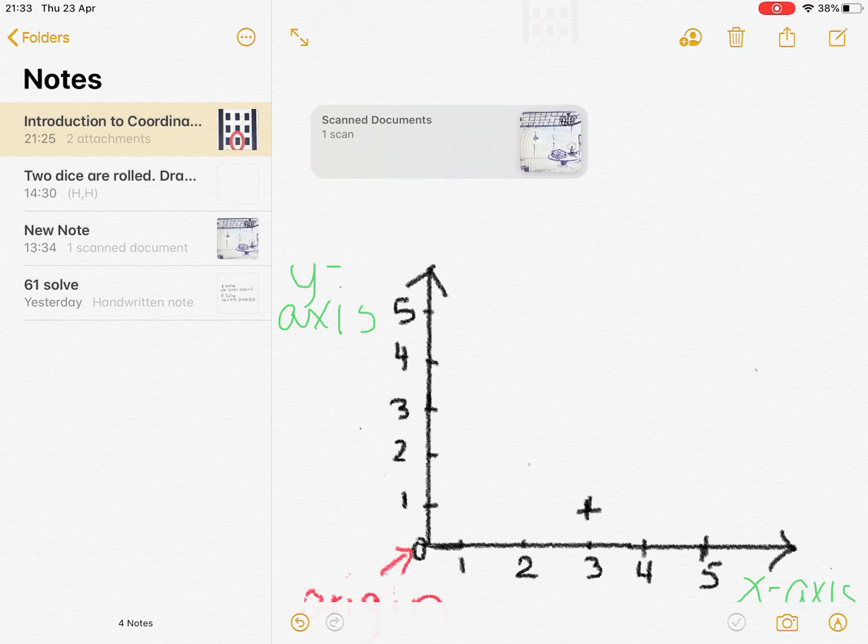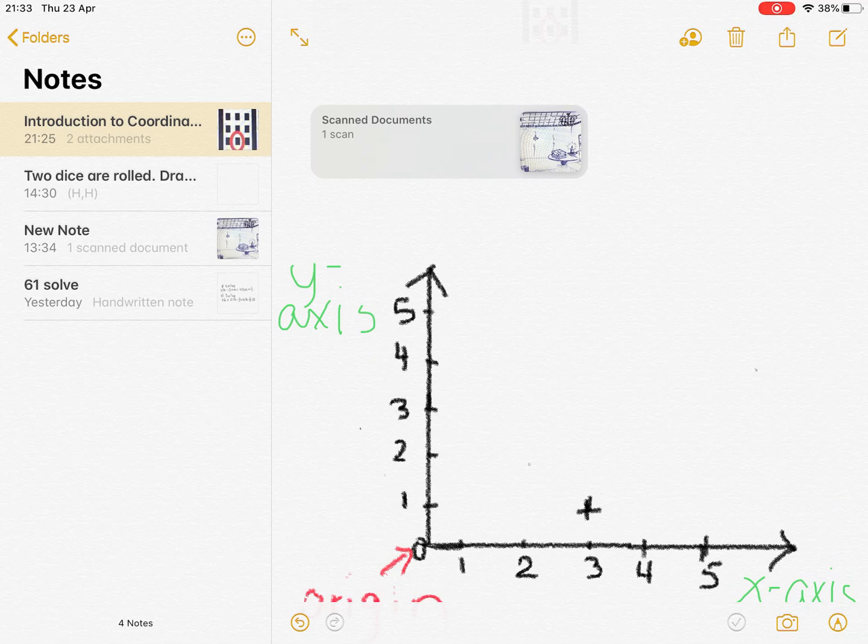Should he give the vertical number of tiles first, followed by the horizontal? Or should he give the horizontal number first, then the vertical? And so he decided to give the horizontal number first and the vertical number second.